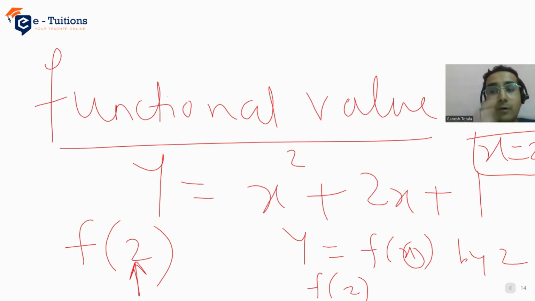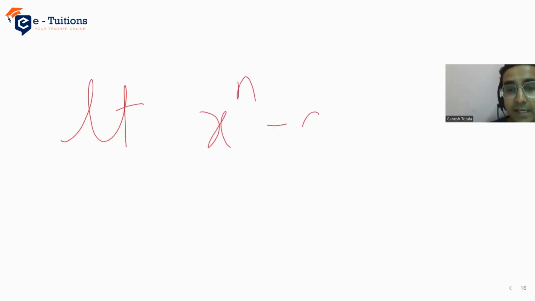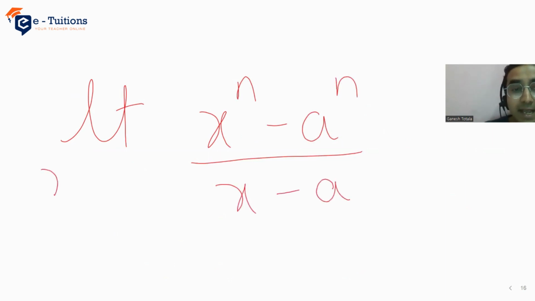So this is all about the basics of limits, some basic formulae we have seen, some basic theorems we have seen. Now three more formulae, let's have a quick look at them and then we can solve the problems on limits. The first formula now is the limit of x raised to n minus a raised to n divided by x minus a, as x is tending towards a.